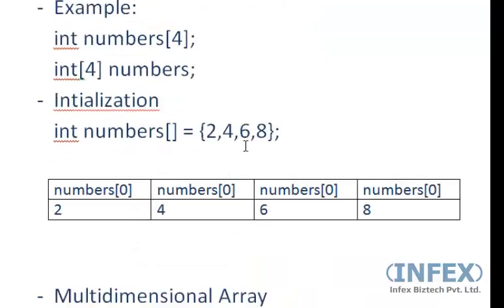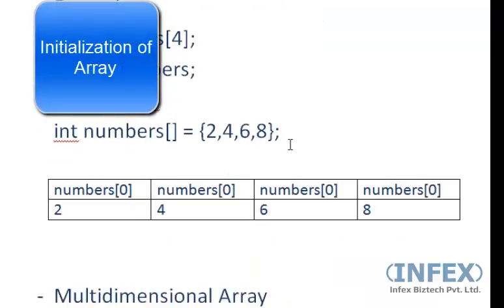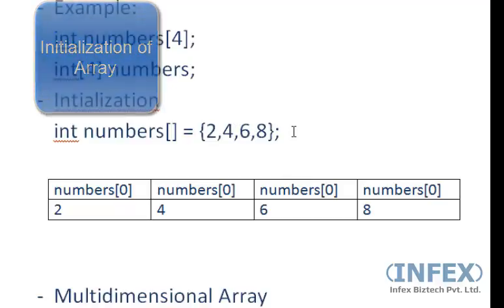Now let's take a look at the initialization of an array. This is how we can initialize the array: int numbers[] equals, in curly braces you can write values, as many values as you want. Here I wrote 2, 4, 6, 8.